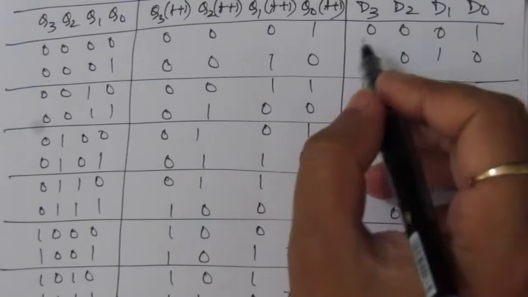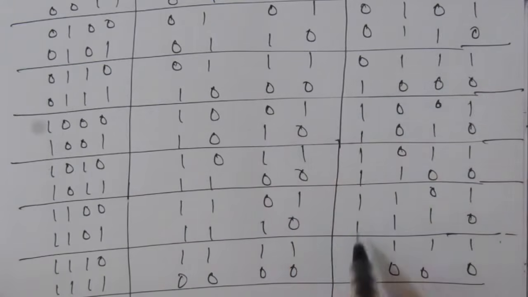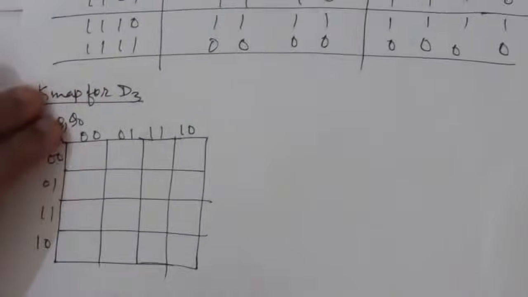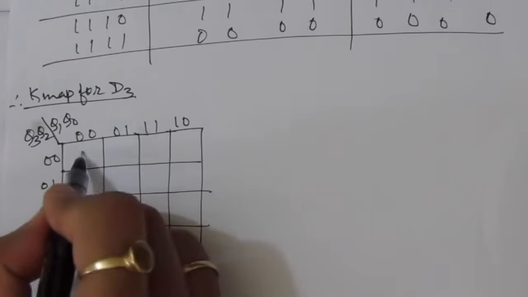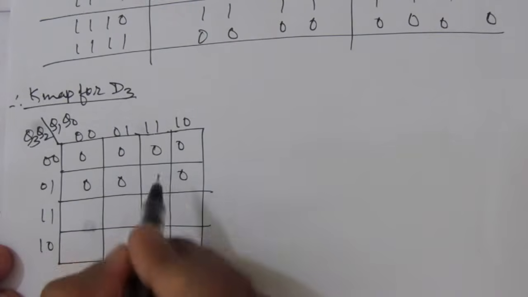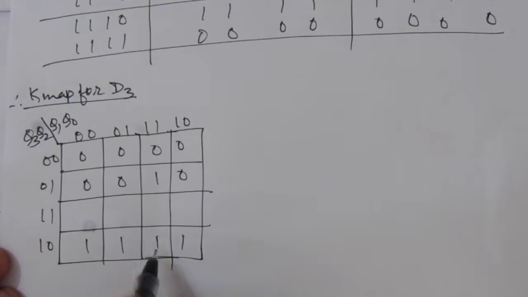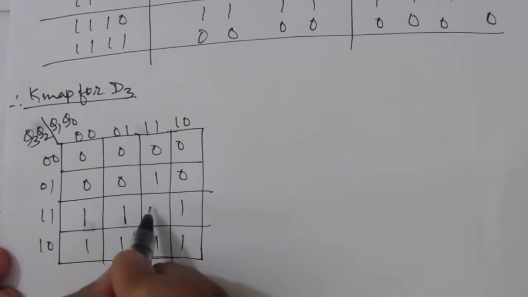The D3 values are seven 0s, then eight 1s, and then 0. So put seven zeros first, 0 0 0 0 0 0 0, then 1 1 1 1 1 1 1 1 and 0.